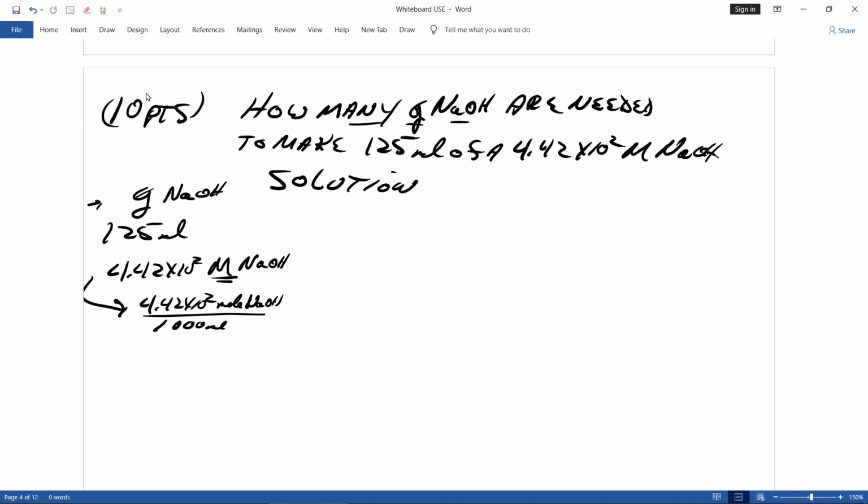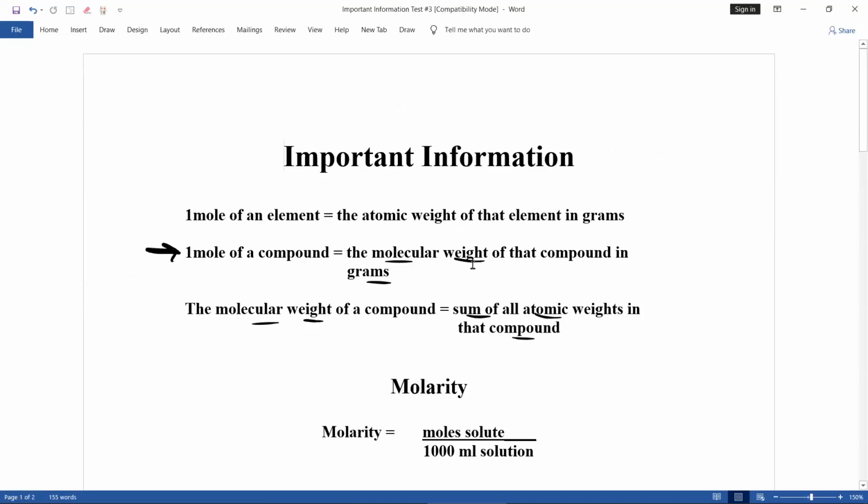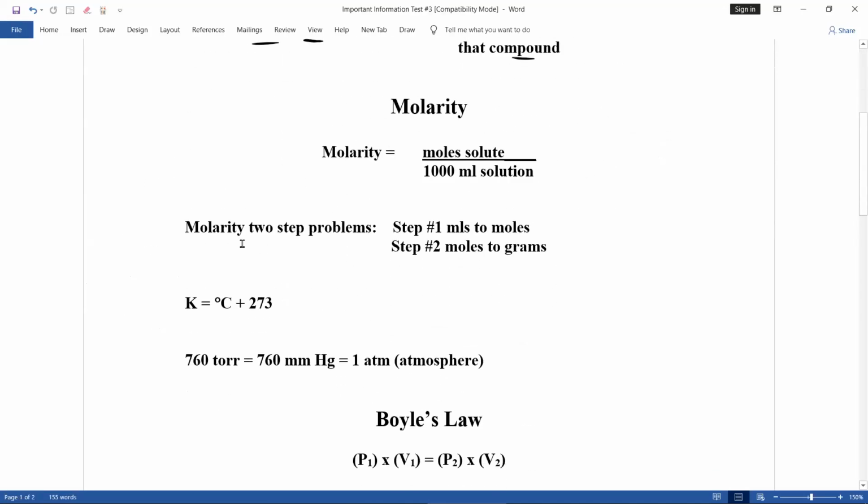As soon as I see milliliters and grams, I'm trying to get to grams, and I'm given milliliters, I know you need 2 steps. And those 2 steps are found in important information, molarity 2-step problem. Step 1, milliliters to moles.